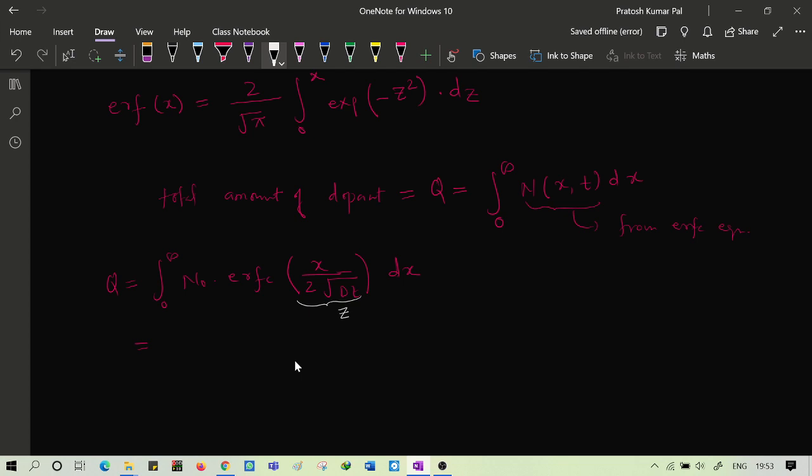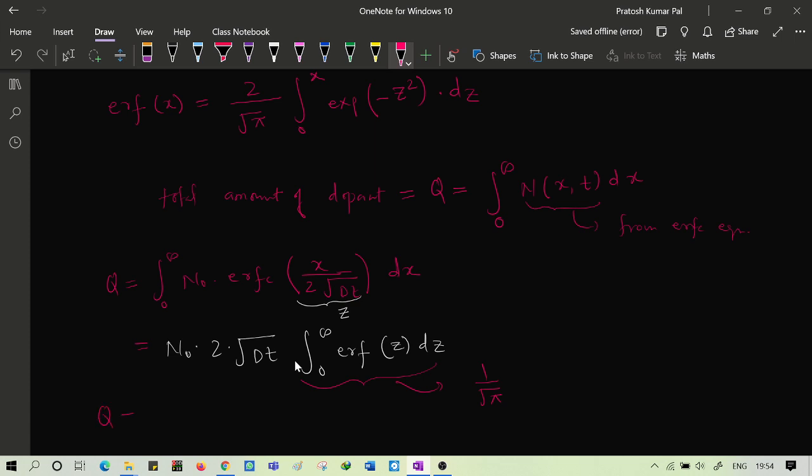By putting the values it will be N naught into 2 under root Dt, integration 0 to infinity, error function complement of z into dz. So this will be our integration after changing the variable. The value of this integration comes out to be 1 by under root pi.